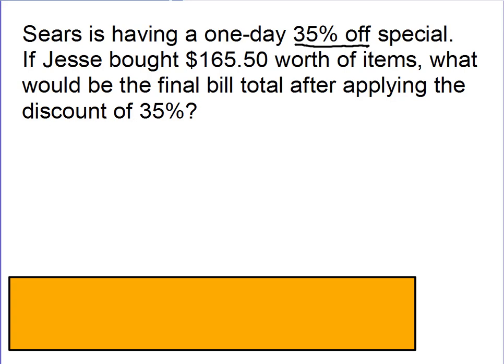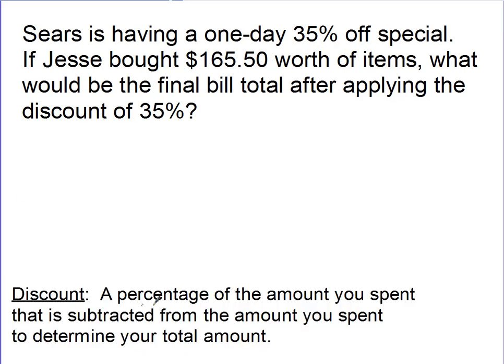So what is a discount? A discount is a percentage of the amount you spent that is subtracted from the amount you spent to determine your total amount. So in sales tax and tip, you add the percentage to your bill or your amount that you have. Discount, you subtract it off, but you still figure it exactly the same way.